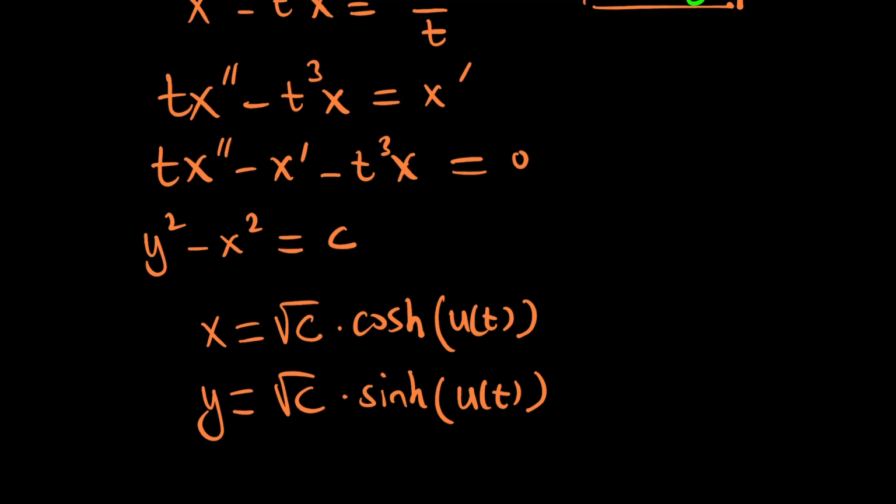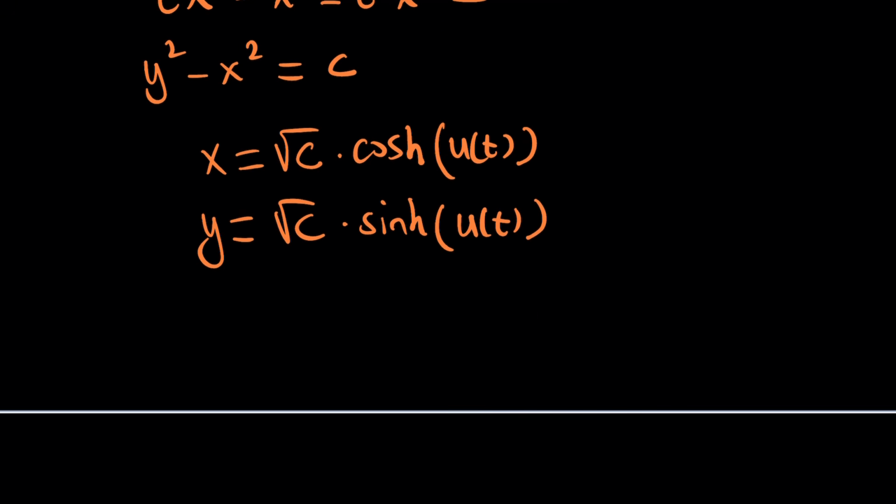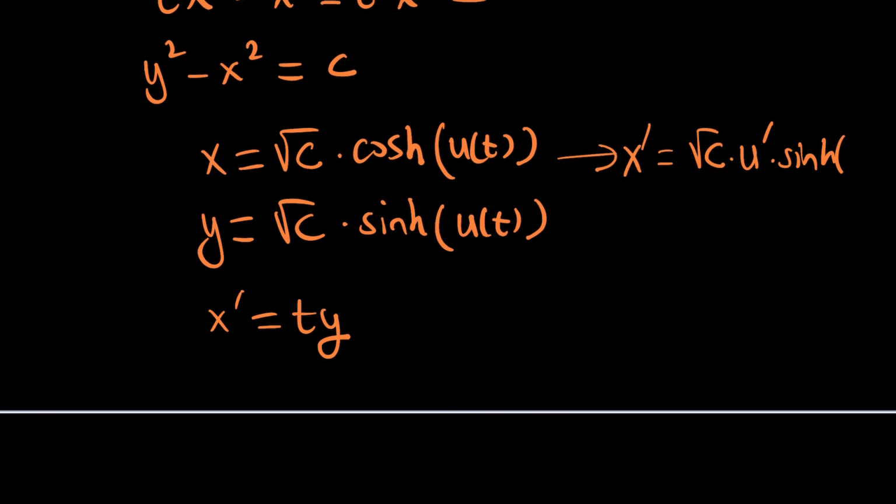And from here, if you evaluate the derivatives and plug them into the system, like x prime equals ty, obviously you're going to have x prime from here, and you're going to have the y here. What you're going to get is that the derivative x prime is going to be square root of c multiplied by u prime times sine hyperbolic of u.